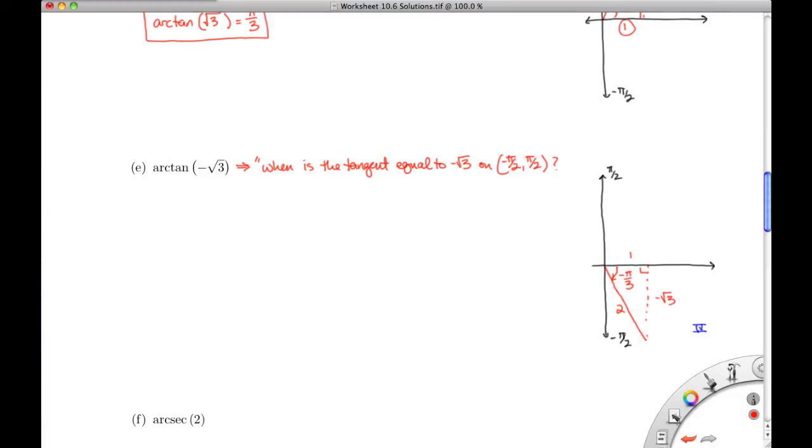So again, the tangent of the angle is going to be the opposite side divided by the adjacent side, so we get what we're looking for.